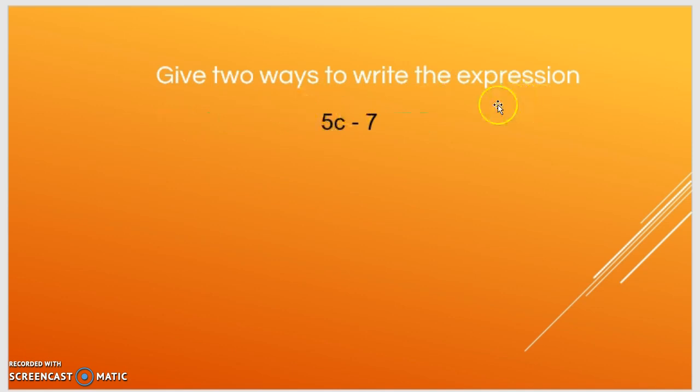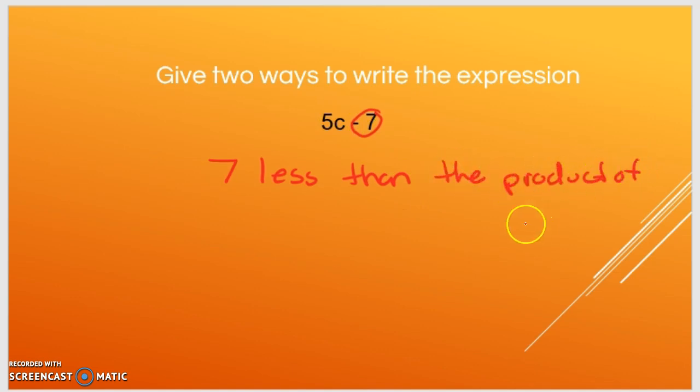Give two ways to write the expression, 5c minus 7. So on the last one, we said that when this is back here, we know that this is less than. So I'm going to start with 7 less than, and then 5c, that's 5 times c. So 7 less than the product of 5 and c.